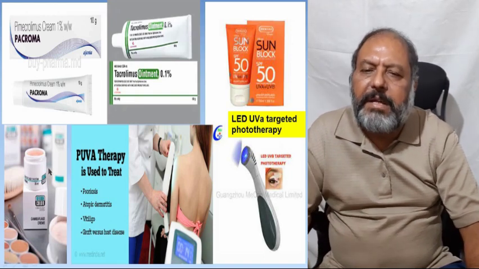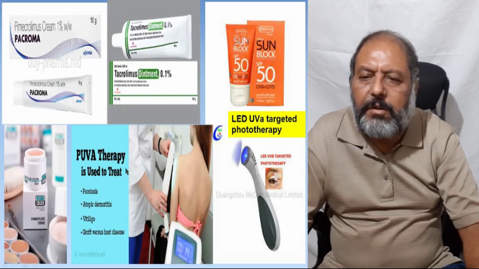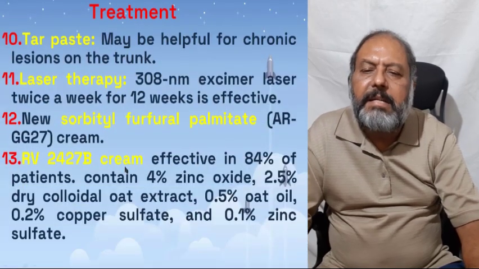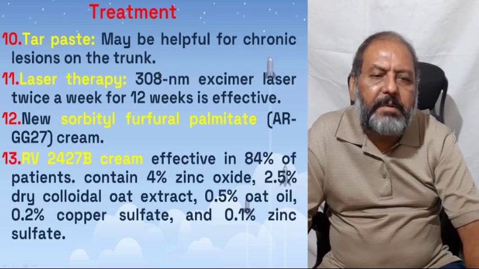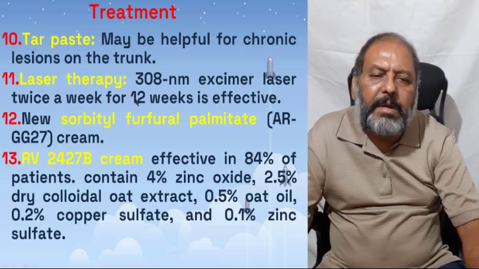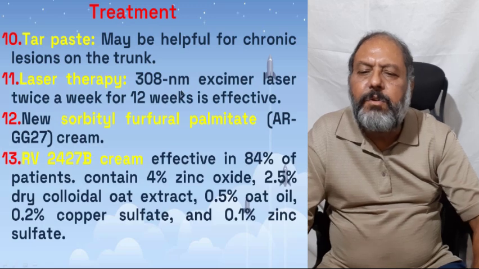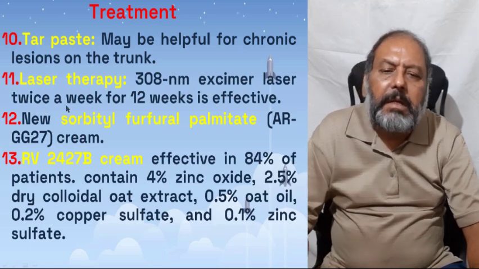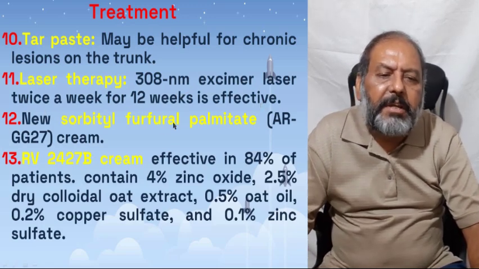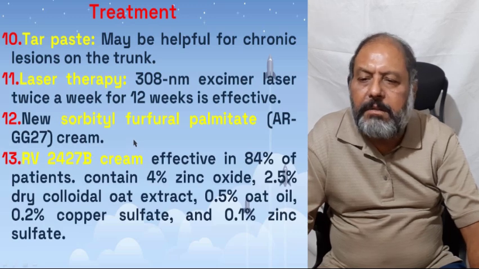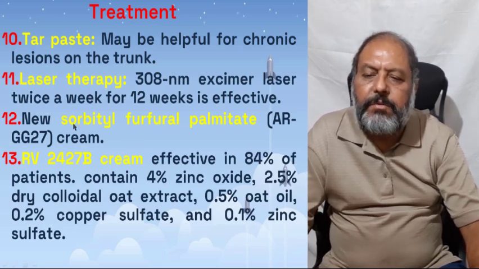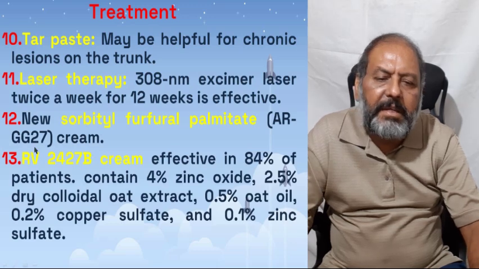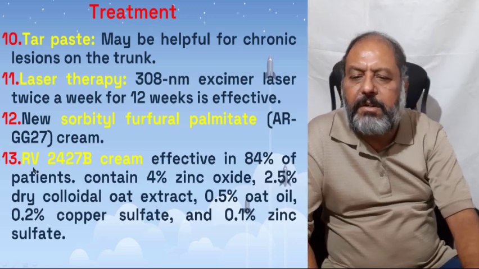Now, tar paste may be helpful for chronic lesions on the trunk. Laser therapy with 308 nanometer excimer laser twice a week for 12 weeks is effective. New options include sorbitol furfural palmitate, ARGG27 cream, and then RV2427B cream, effective in 80% of patients.